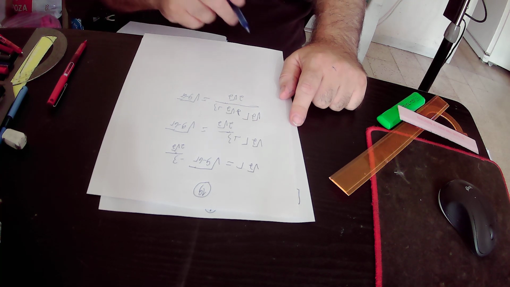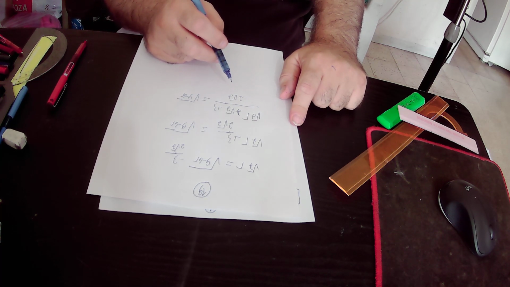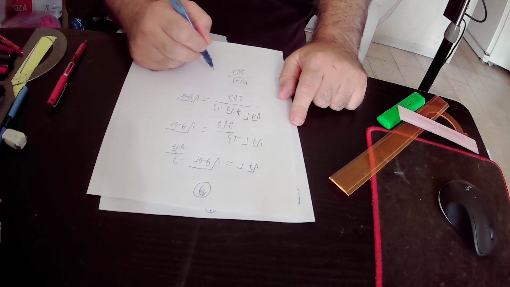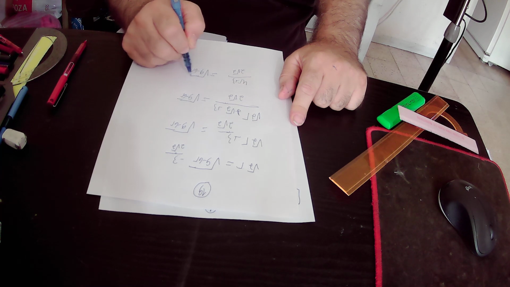So here root 2 times root 2 is 2 and 2 times 2 is 4. So we have here (4r plus 3) over 2 times root 2 equals the root of 9 minus 6r.